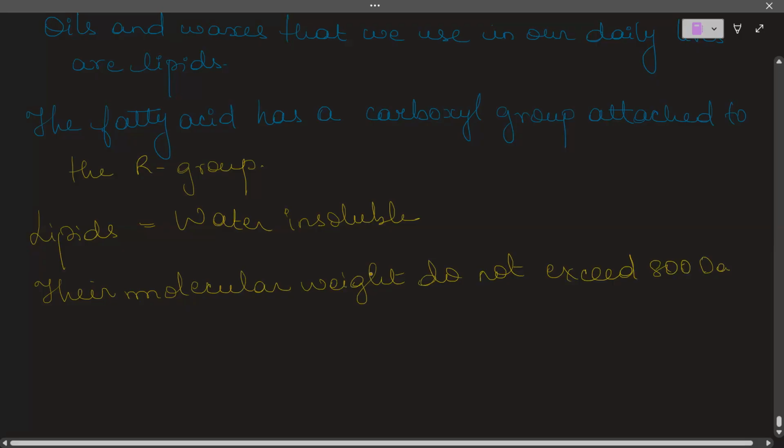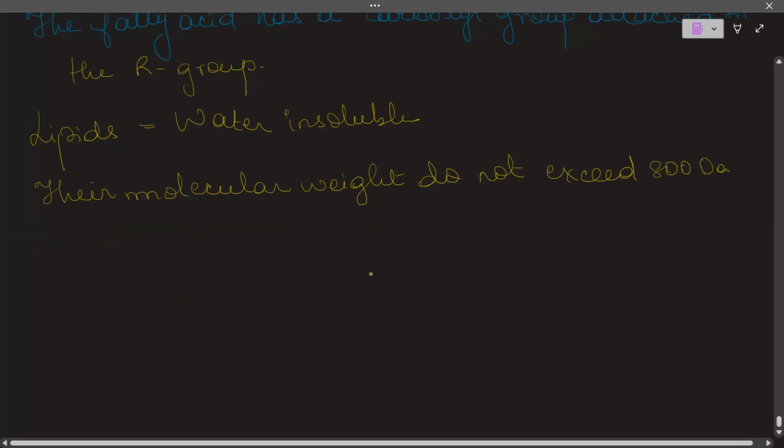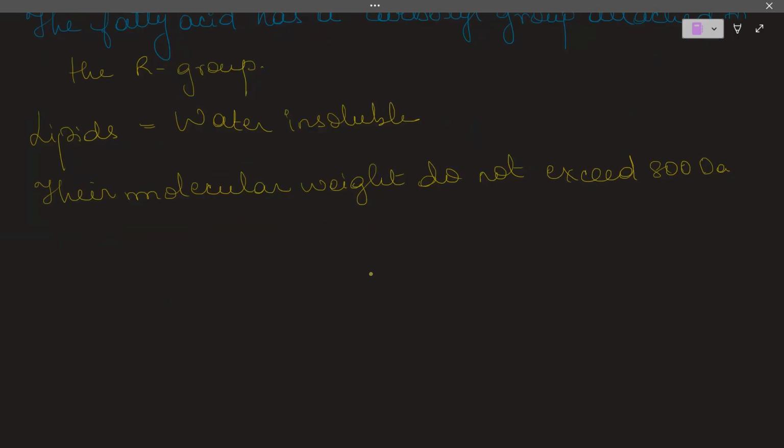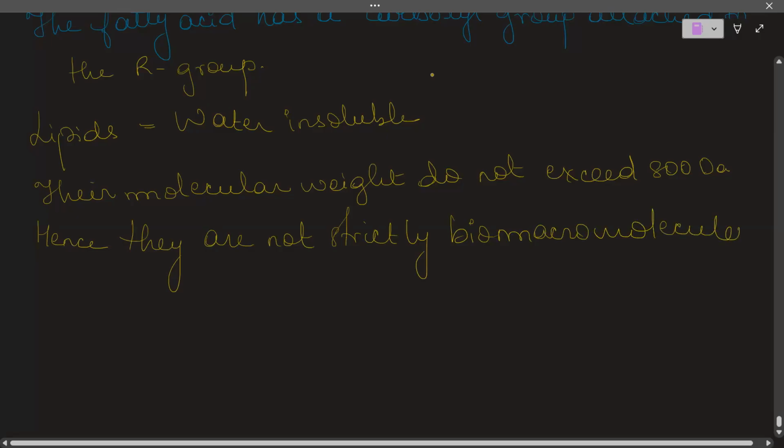Normally, when we talked about all the biomacromolecules, their molecular weights were greater than 800 Dalton. But here it's not. But since these molecules are water insoluble, we put them in the biomacromolecule category. Hence, they are not strictly biomacromolecules. This is the unique thing about them.